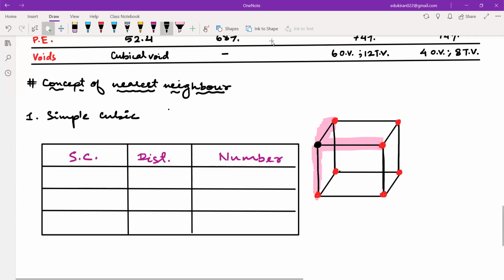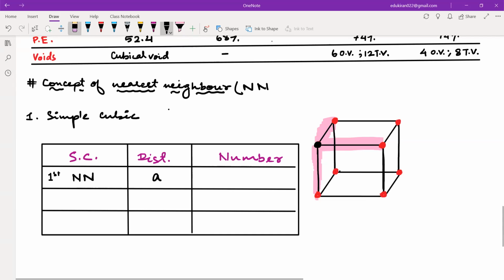Fine. So first of all, I will see the first nearest neighbor. Can I write it as NN? Nearest neighbor as NN. Okay. So the distance of the first nearest neighbor is what? It is A. Yes or no? Yes, sir.